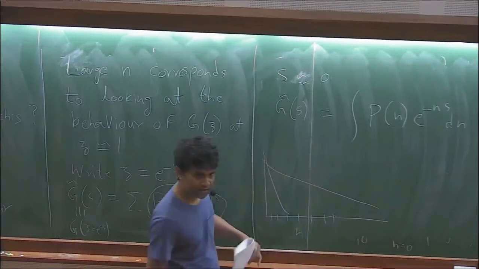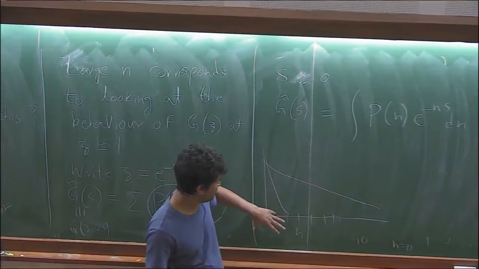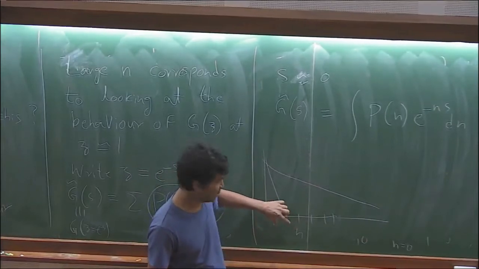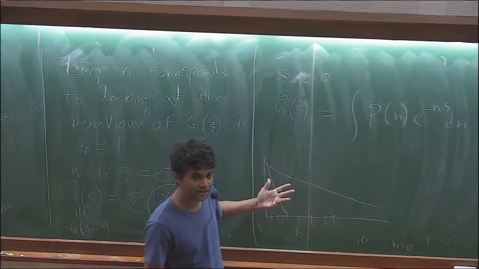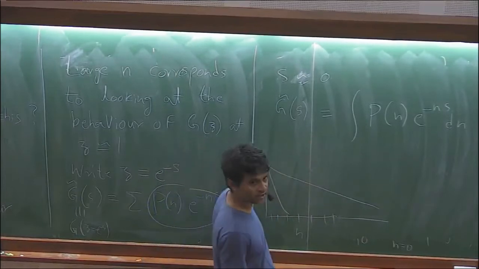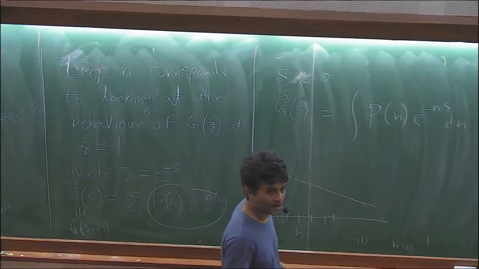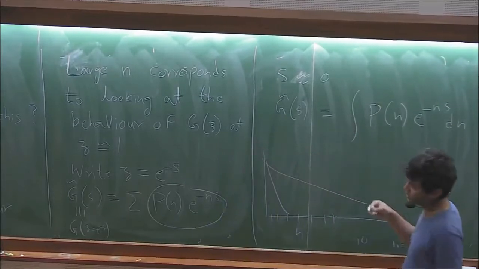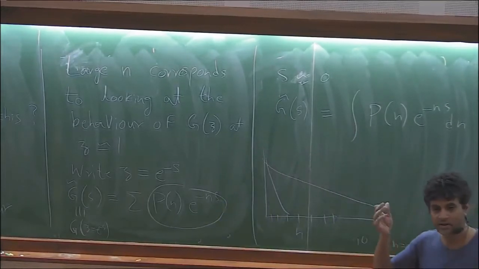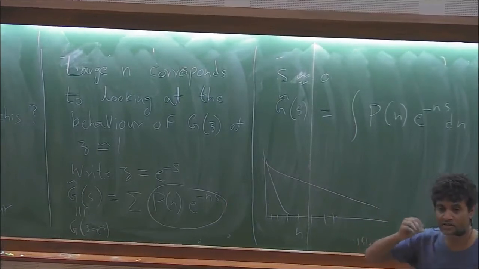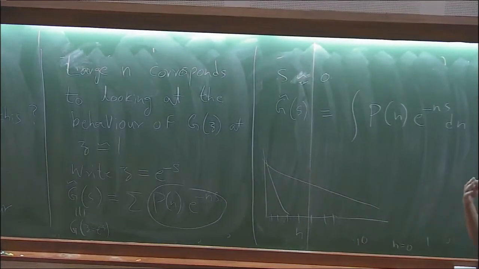Then you can really go to what is called the continuum limit. So you can just convert it directly into an integral. This is what you do when you calculate things like density of states in solid state physics. For large n, you just convert like this.